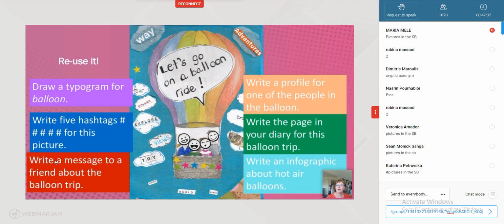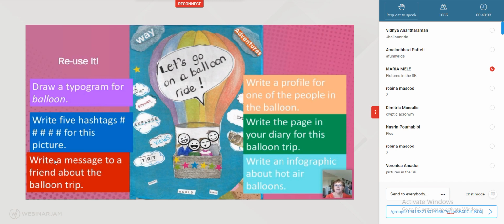So they could draw a typogram for the word balloon. A typogram for the word balloon probably wouldn't be square, the letters or the shapes, it'd probably be round. And perhaps the balloon might be floating. It's probably the O's are going to be very balloon-like, aren't they?